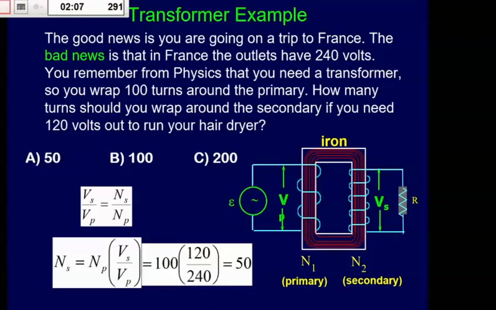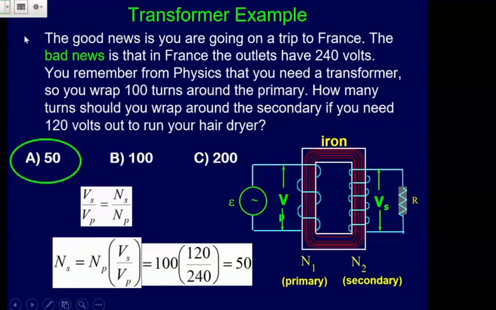You can plug it in: 100 was the number of loops for the primary, and then the voltages are 120 and 240, so you'd want to put 50 in that secondary. The idea here is that this resistor is your hair dryer, and you want to get similar voltages to that. Okay, so let's call time on that one.